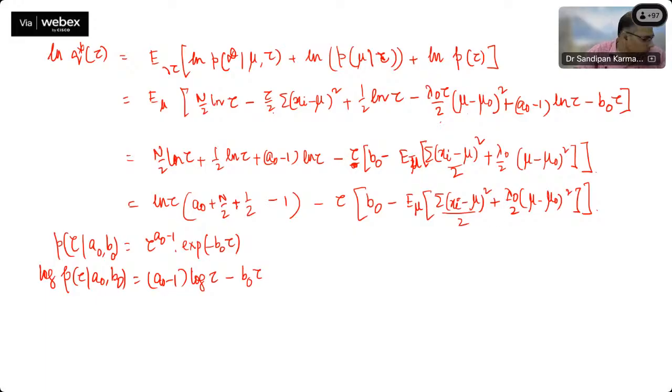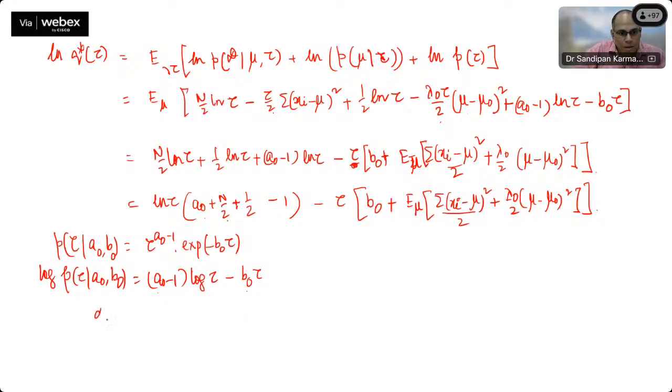So instead of a naught, I am getting a naught plus n plus 1 by 2, and instead of b naught, I am getting b naught plus this one. So this is what is happening.